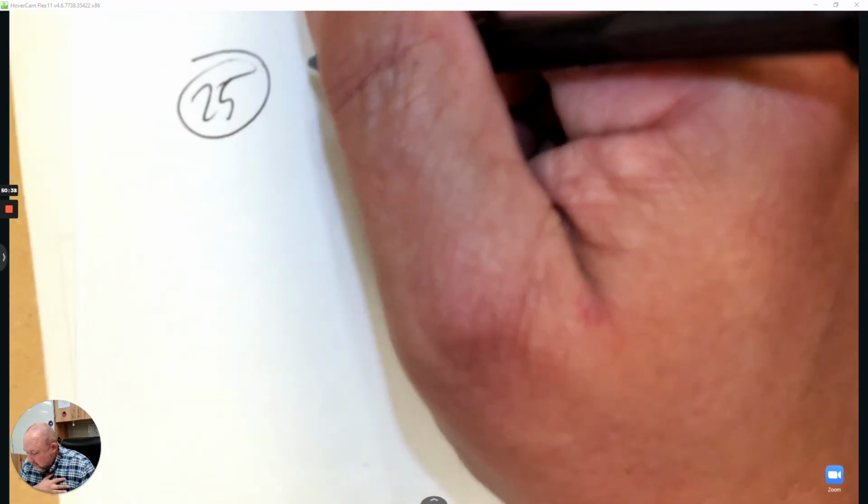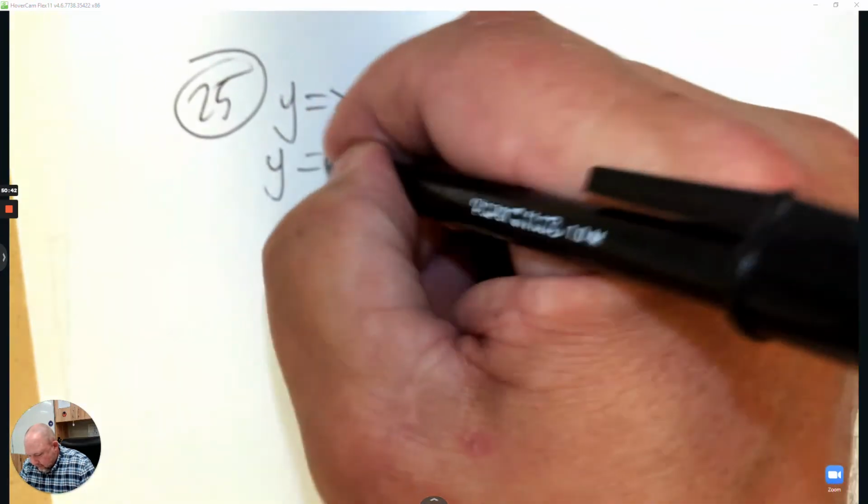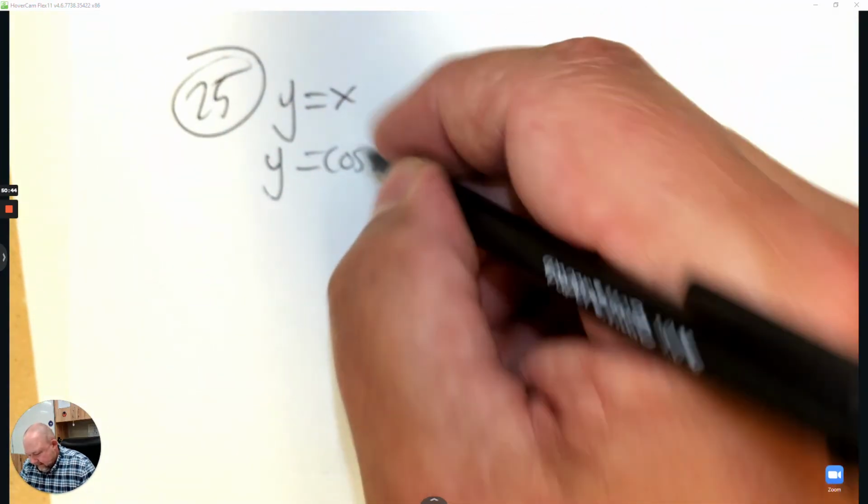25. A region in quadrant 1 is enclosed by the graphs y equals x, y equals cosine x, and the y-axis.